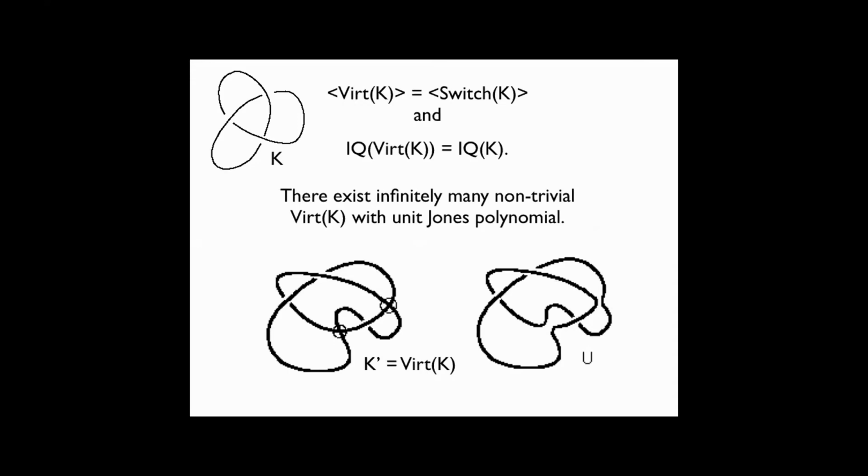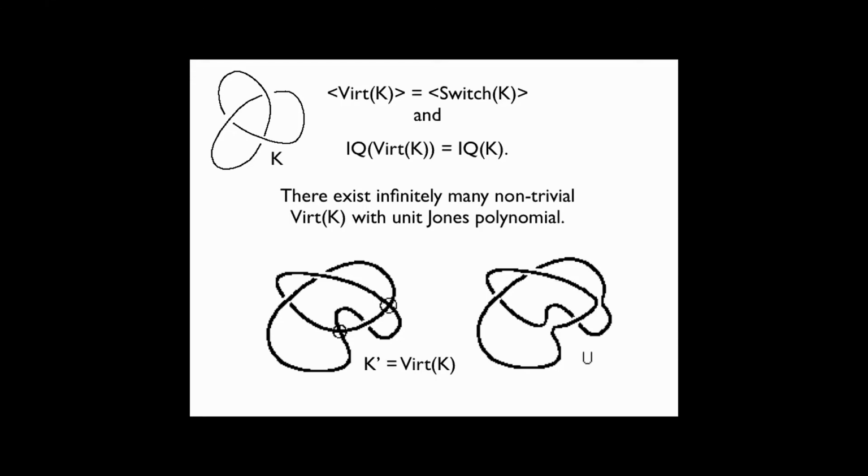We started with a trefoil knot, and the lower crossing got switched in U to form U. So instead of switching it, I virtualize it. Switching it gave me an unknot, and the bracket will be the same as an unknot. But now you see that you can do this with lots of examples. Take any classical knot you like, find some crossings that will switch it to make it into the unknot. You can always do this. And virtualize them instead of switching them. You'll get a virtual knot, and it will have unit Jones polynomial.